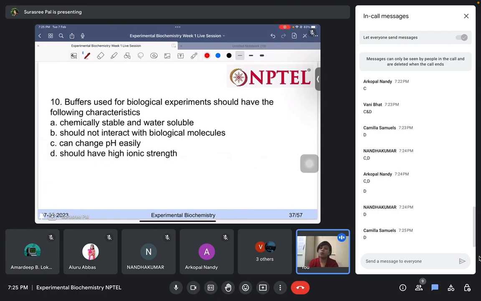So I was talking about some of the characteristics of the buffers. These are some of the characteristics which should or should not be there. So there are again multiple answers here.